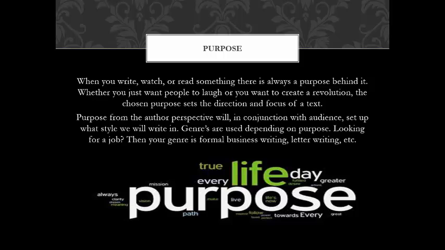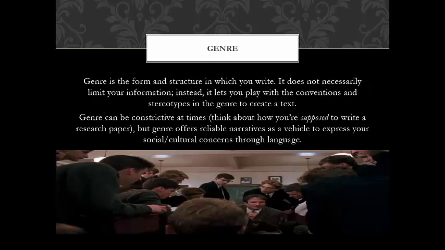A good example of that is Jon Stewart's The Daily Show, who uses comedy to deliver the news. There's a purpose for that. The genre of comedy is used to deliver very important, grave news in a satirical way so that we can laugh about it, think about it, and then realize that there's something wrong with it. Now, genre is the form and structure in which you write.